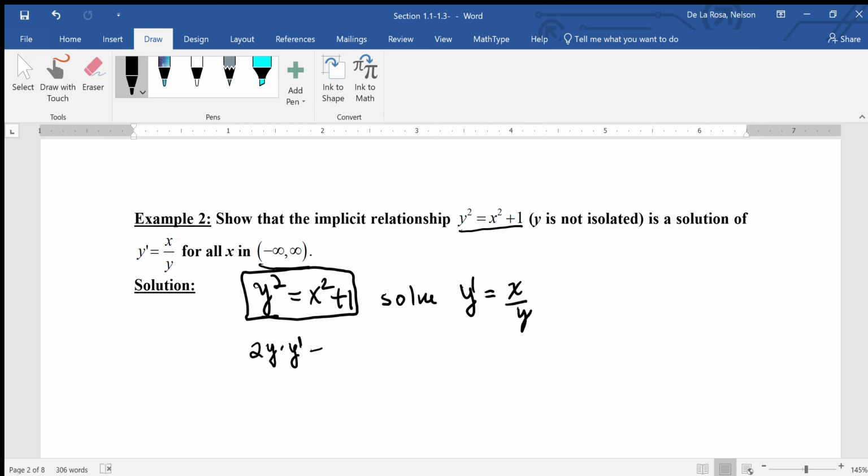Now the derivative of x to the second is 2x, and the derivative of 1 is 0, that we don't write. So trying to isolate y prime, we have 2x over 2y, which is equivalent to simply x divided by y. As you see, it is the exact same expression we have to arrive at.